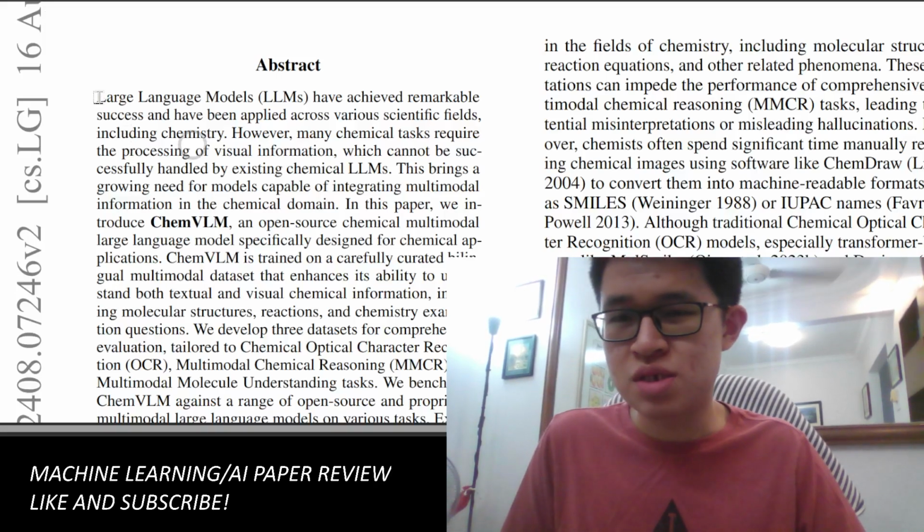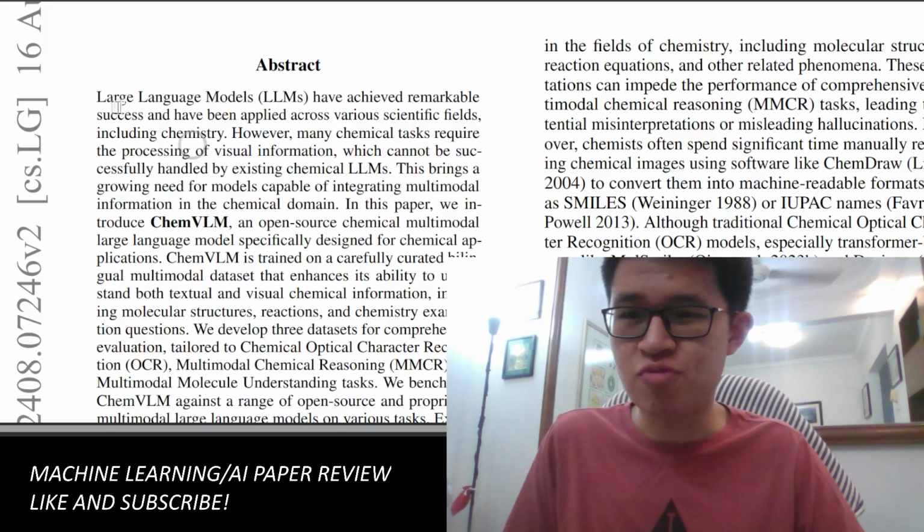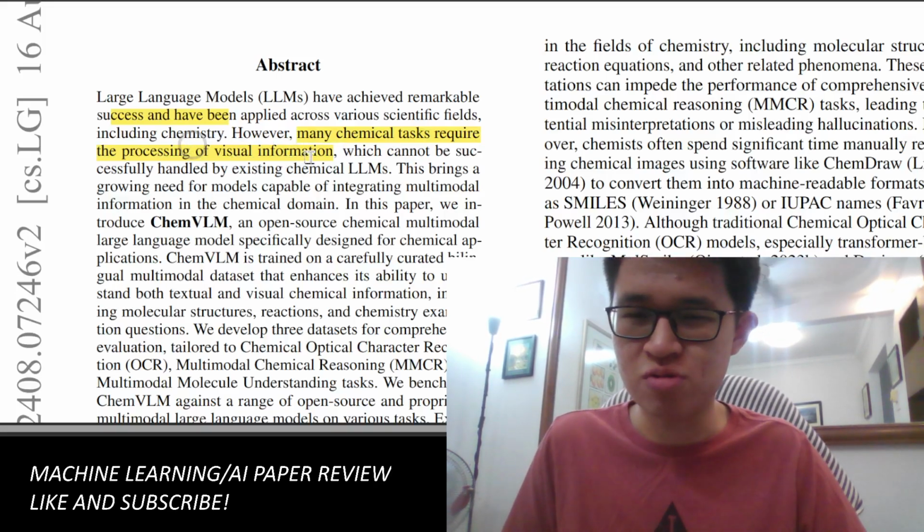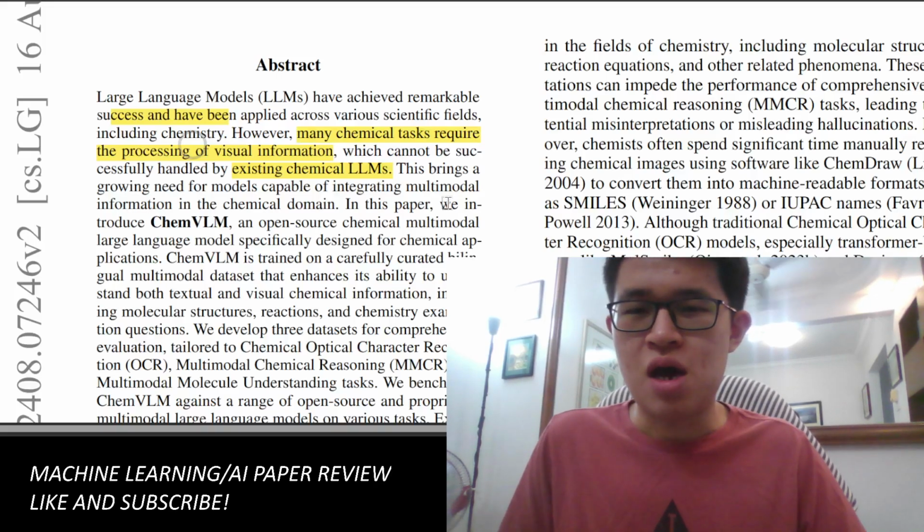Okay. So large language models have achieved remarkable success. Okay, those are some words right there. Yep, it's useful, but most of them require the processing of visual information, which cannot be done by existing LLMs, and that's true.